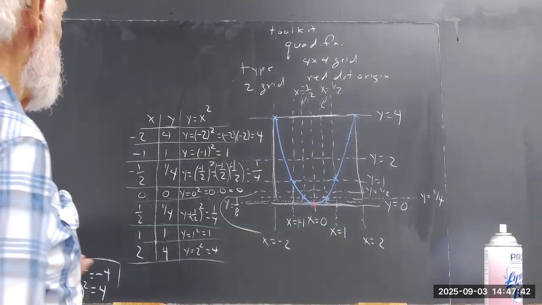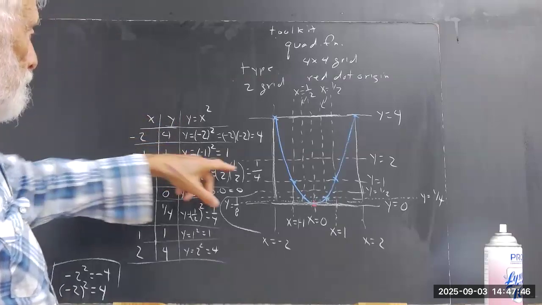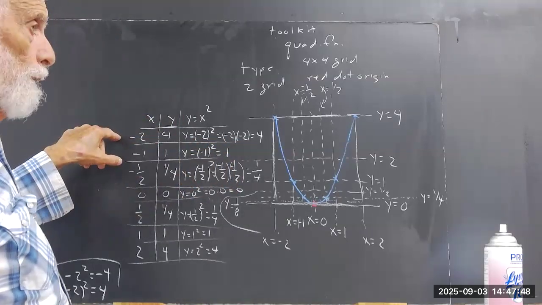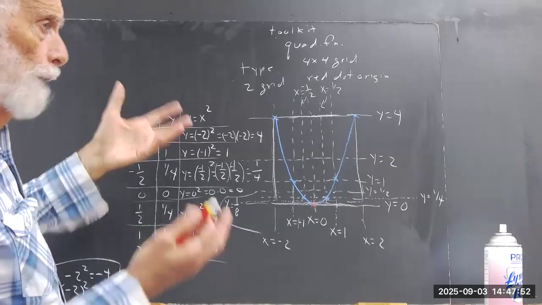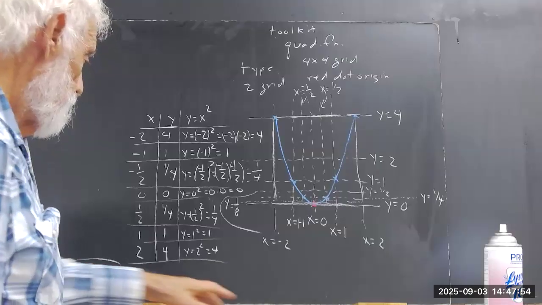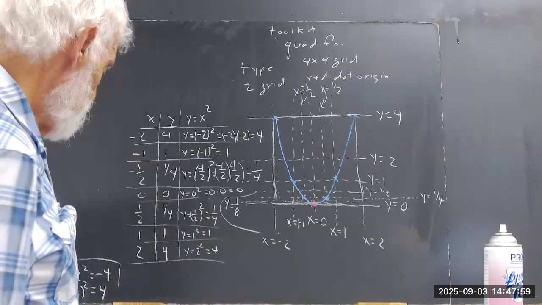Okay. Biggest mistakes I see here just involve people thinking that -2 squared is -4. Maybe your calculator told you that, but you never believe your calculator. Not completely.